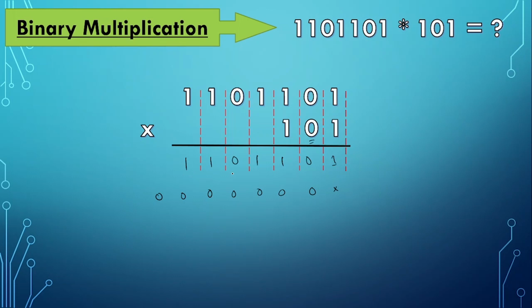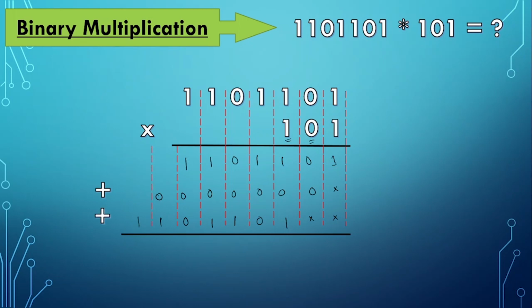Okay, then the last bit, that is 1, so we cannot define 2 raised to power 0 and 2 raised to power 1. Okay, so finally we will start our multiplication from here, and if we multiply this number with 1, then you will have 1011011.